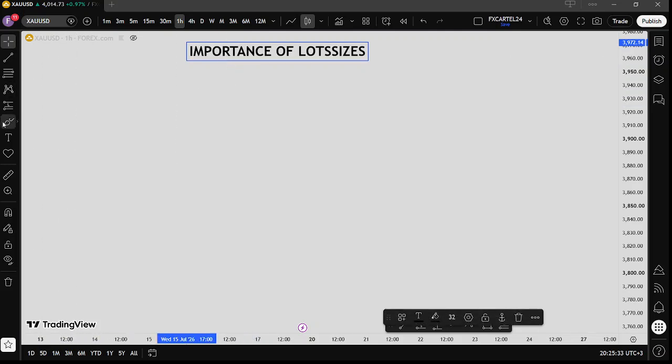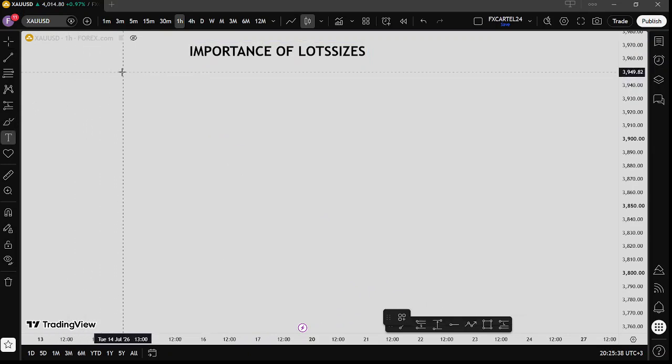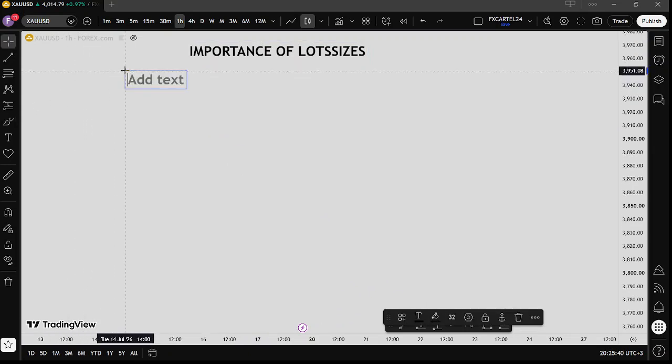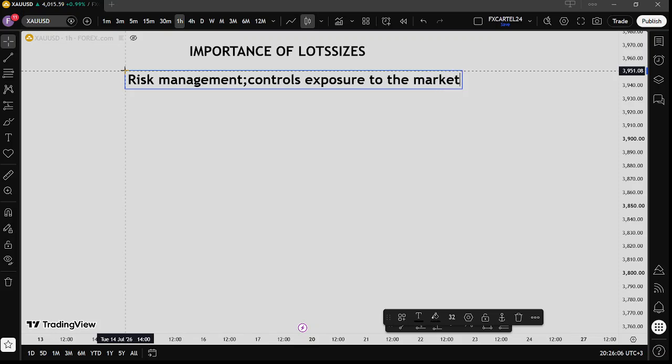Okay, so number one, it's risk management. Here, you control exposure. Risk management controls exposure to the market.